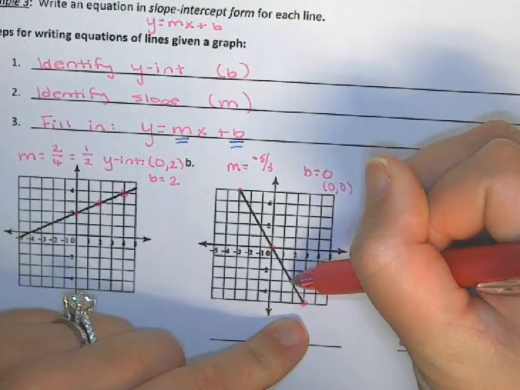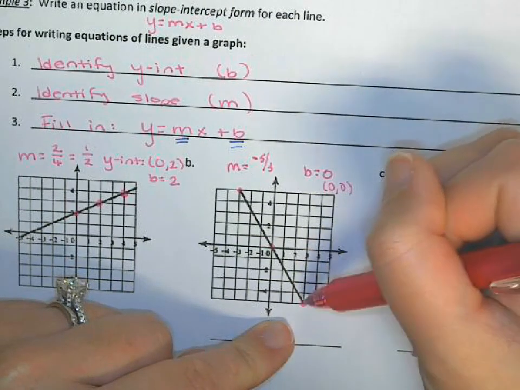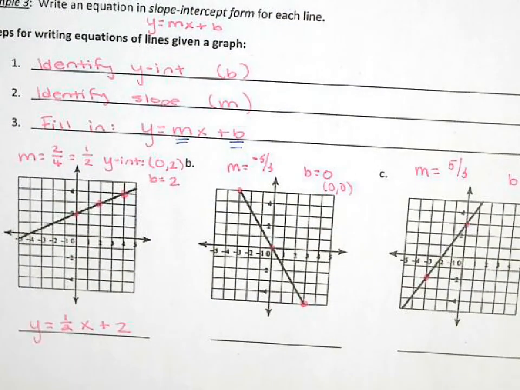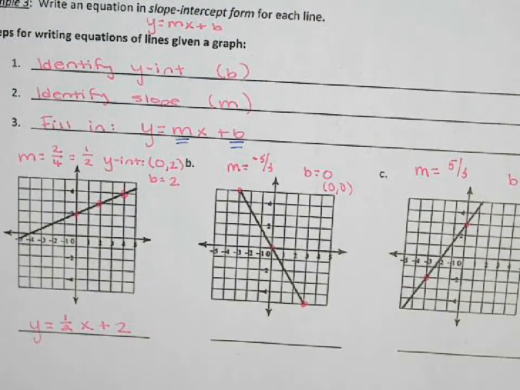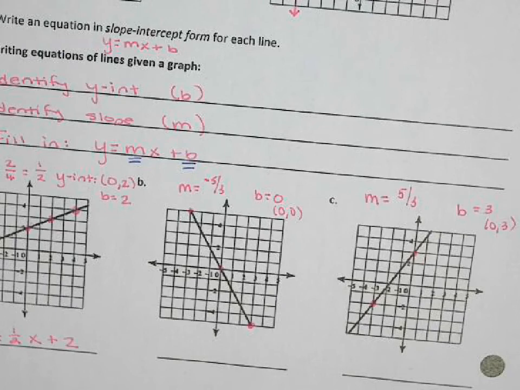This was not quite at 2 for the x. So we had to come all the way down here to (3, -5) for good points, and (-3, 5) for a good point. For part C, I found that my slope was +5/3, and my b value was going to be 3 because the y-intercept's at (0, 3). Give me a 1 through 5. I did that one okay.